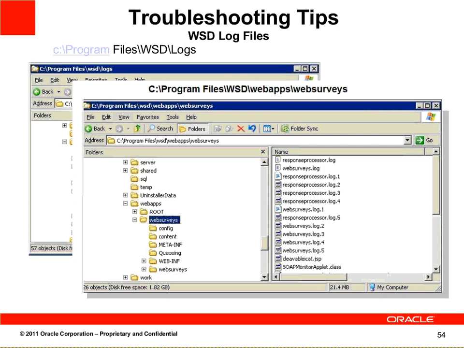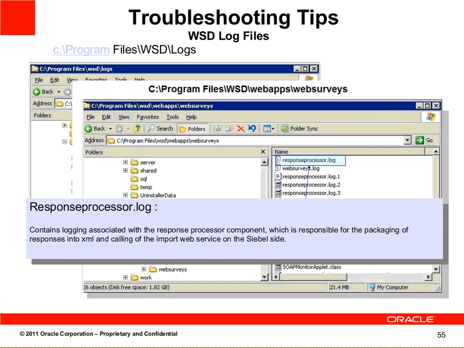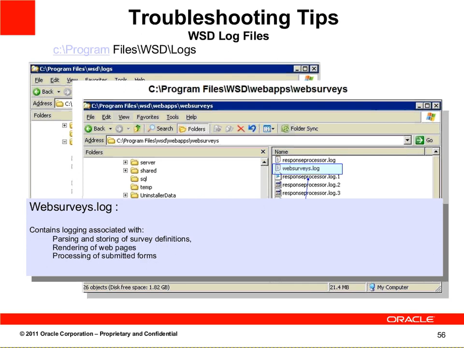One is the response processor log file, which has information associated with the response processor component, which is responsible for the packaging of responses, putting the responses into XML, and calling the input web service on the Siebel side. That's the response processor log. And the web service log has information associated with the actual survey definitions, the rendering of the web pages, and the processing of submitted forms.